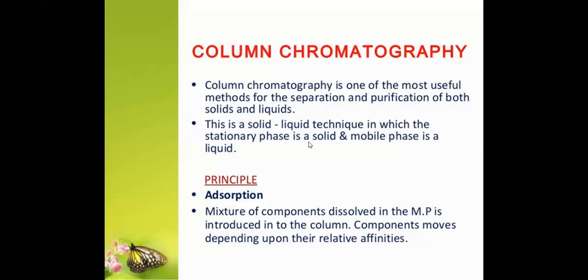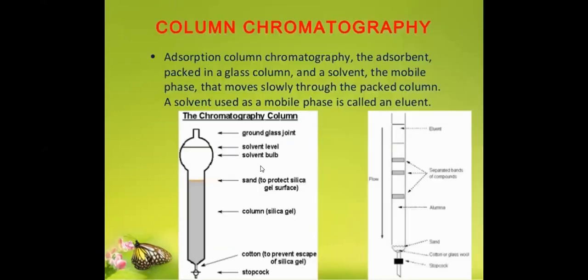Those substances which have high adsorptivity will get retained first on the top side of the glass column, whereas those substances which have the least adsorptivity will be retained at the bottom side as soon as you pass the mobile phase through the glass column. So mainly the principle involved is adsorption, adsorptivity. You can see here the chromatographic column.